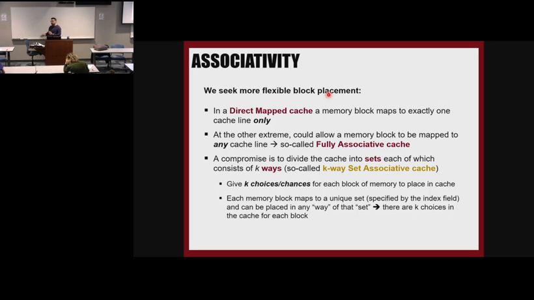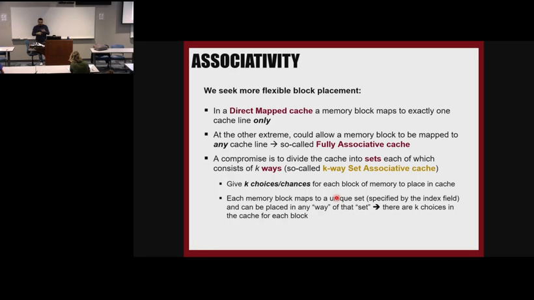But we have something in between, which is k-way set associative cache. In the k-way set associative cache, we have different sets in the cache. You do have flexibility within the set. So different locations in the memory are mapped to the same sets. That's correct, right? This part is like direct map. But then instead of mapping them to an exact line in the cache, we map them to a set.